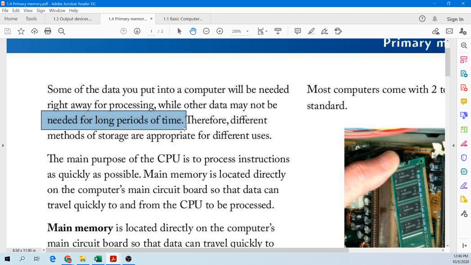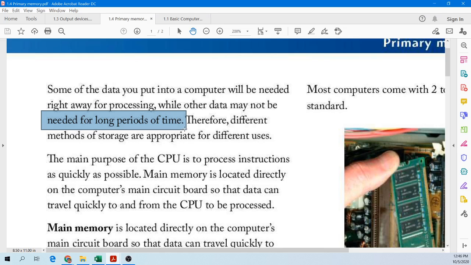Now, there's some data that you would need right away. Those kinds of data are data that the computer needs to function. It can either be the operating system or some kind of software. It needs those data to function right away. But also, if we take back the example of the assignment, if you were to start working on that assignment, then that data would be needed right away.